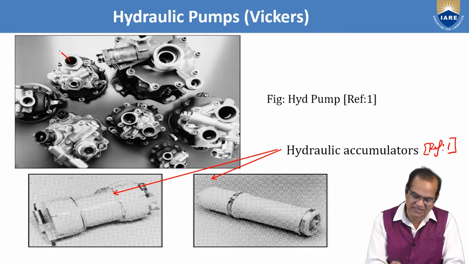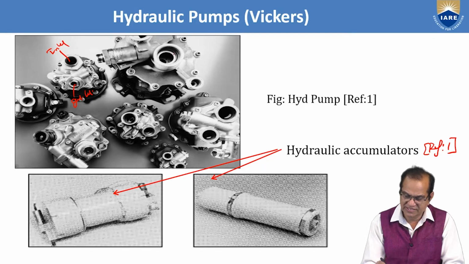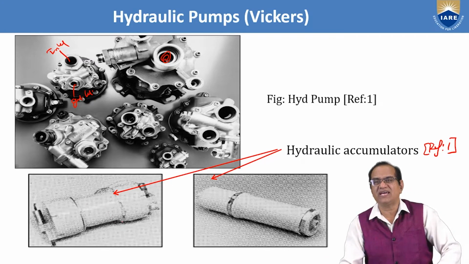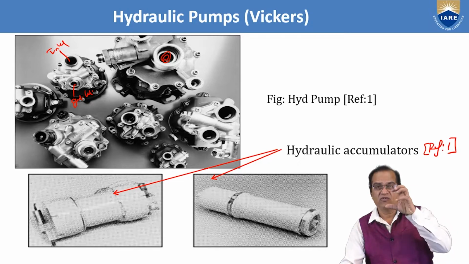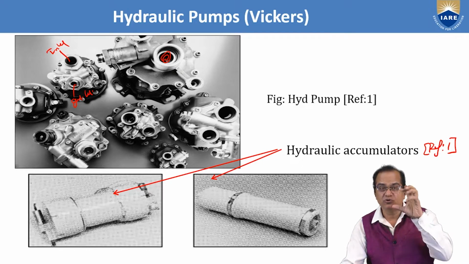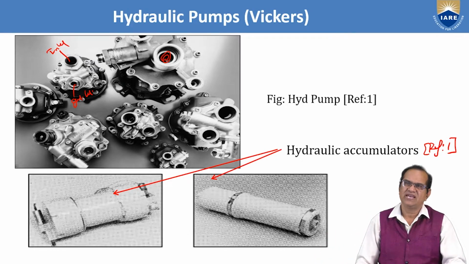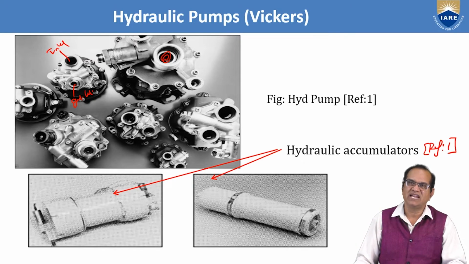Here you can see there is an inlet and outlet like this. Here the gearbox is connected, the shaft is entering and rotating, and here is the hydraulic accumulator. These accumulators are devices where fluid is stored at high pressure due to the pressure of air or nitrogen. This I am going to discuss in the next slide. Special details of these figures are available.